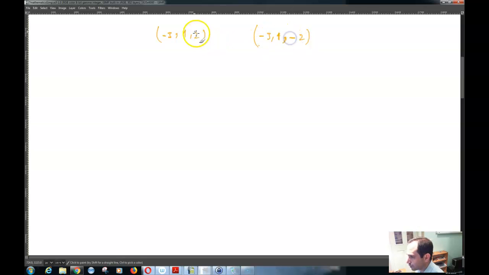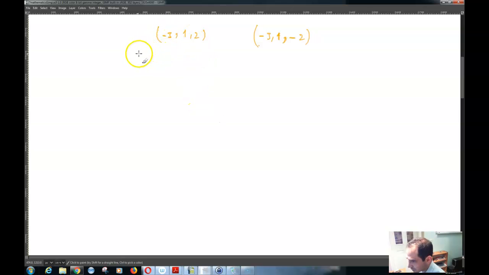So this point over here, as you can see, your x coordinate is negative. So if your x coordinate is negative, that means you're in the back of the YZ plane, where you have the y-axis over here and the z-axis.